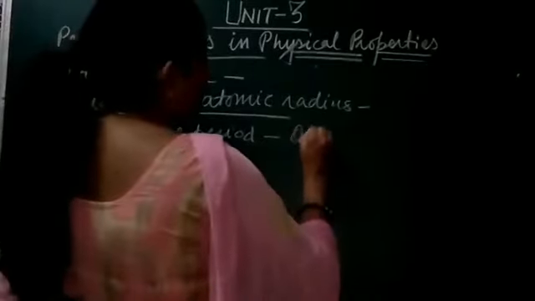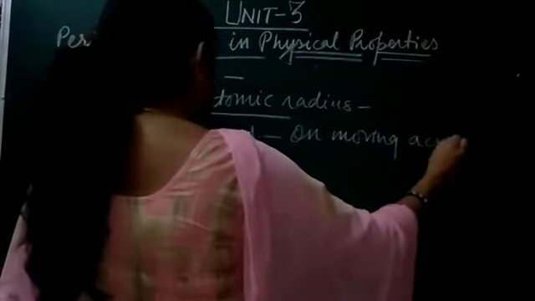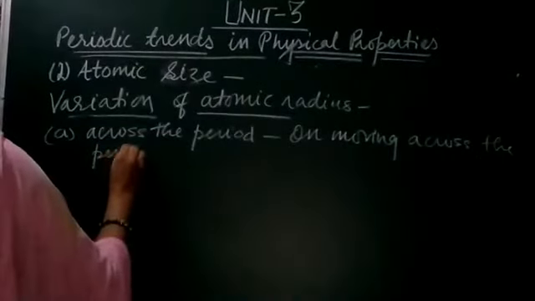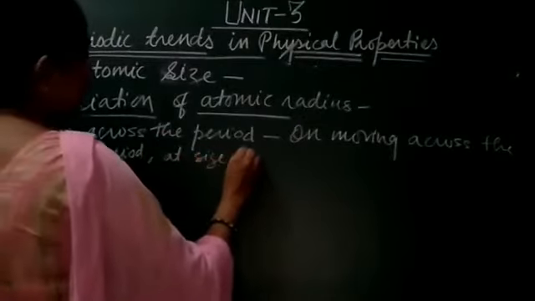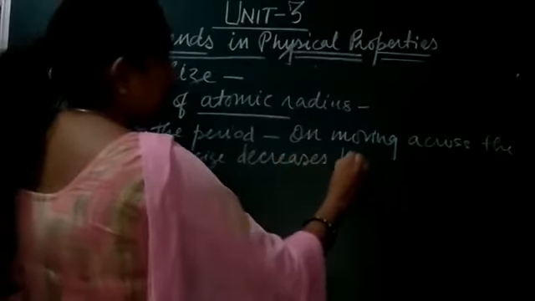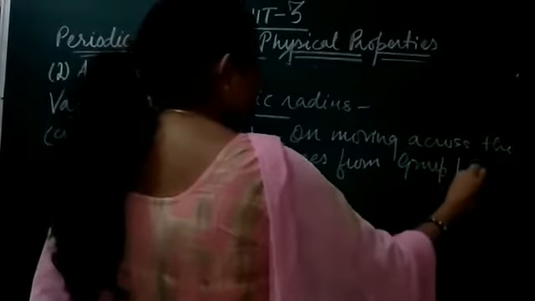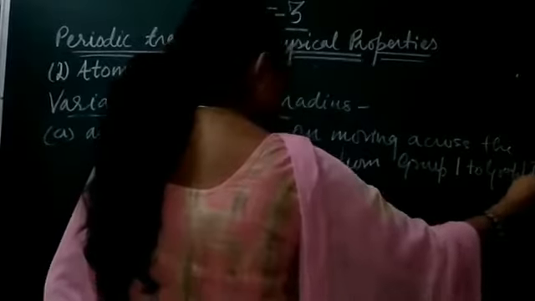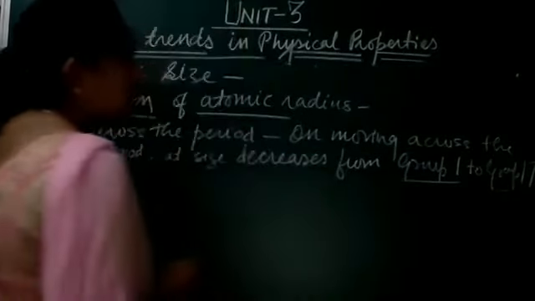So on moving across the period, atomic size decreases from group 1 to group 17, right?